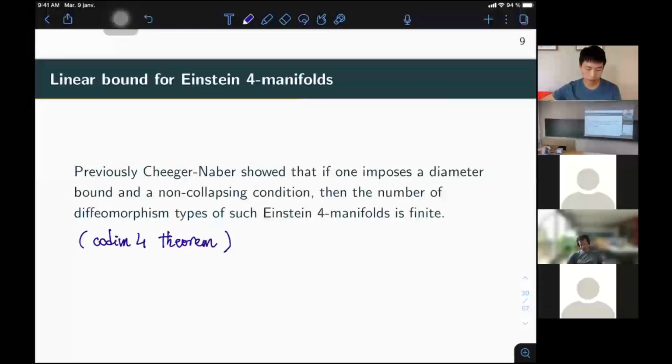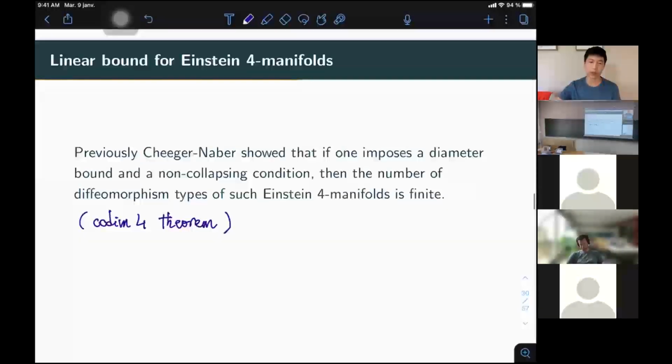And that's a result that's going to be useful in the proof. Remember, they need this non-collapsing condition. In our statement, we don't need to assume anything on the non-collapsing, but then we will, in the proof, need to use Cheeger and Naber. We'll see why.